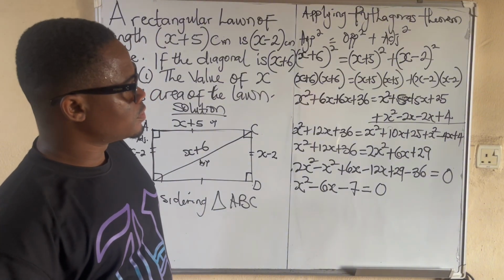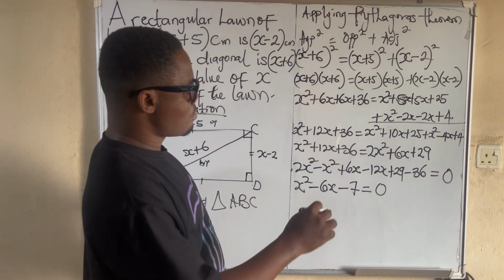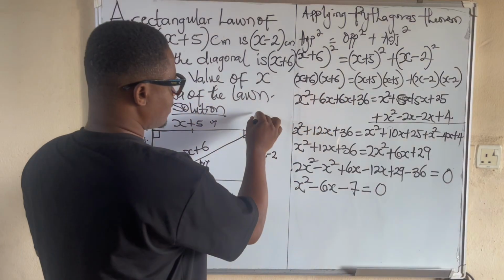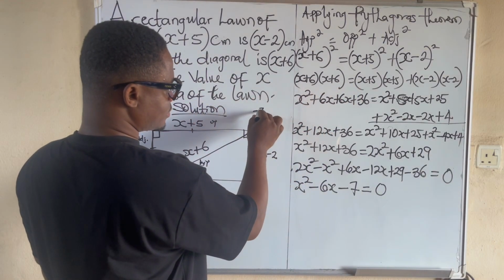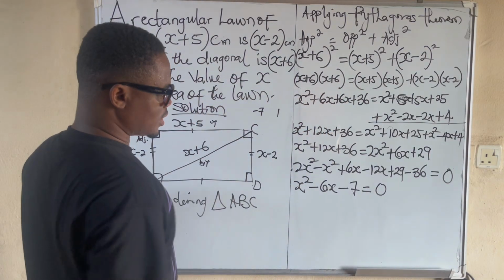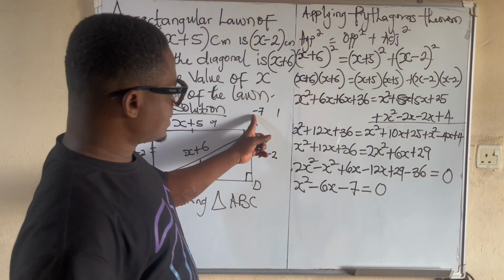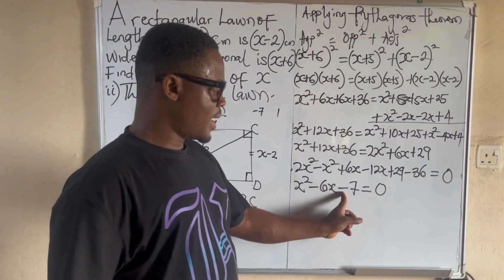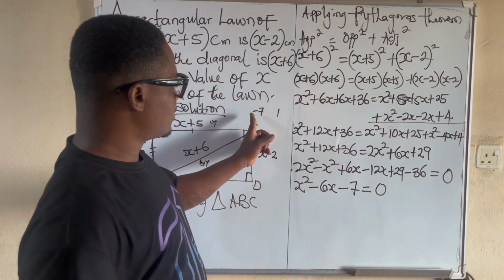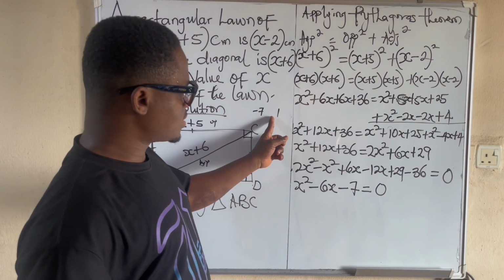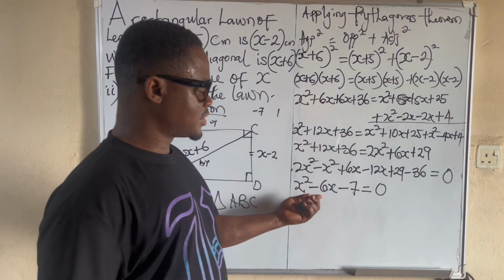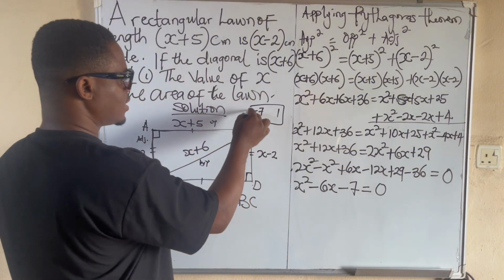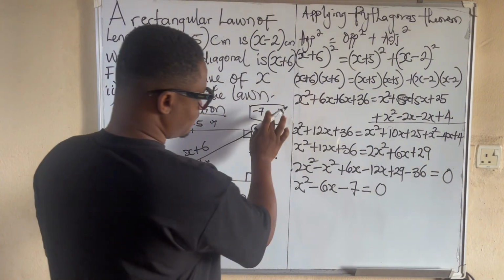Those two numbers should be minus 7 and plus 1. Let's check. Minus 7 times 1 will give us minus 7, and minus 7 plus 1 will give us negative 6. So the two numbers are minus 7 and positive 1.